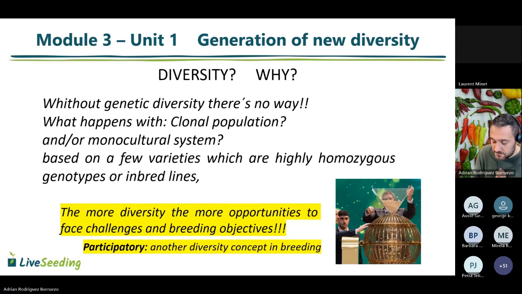I mean, breeding traditionally or usually conventionally has been based on the aims of scientists, geneticists, and or breeders from breeding companies or seed companies.